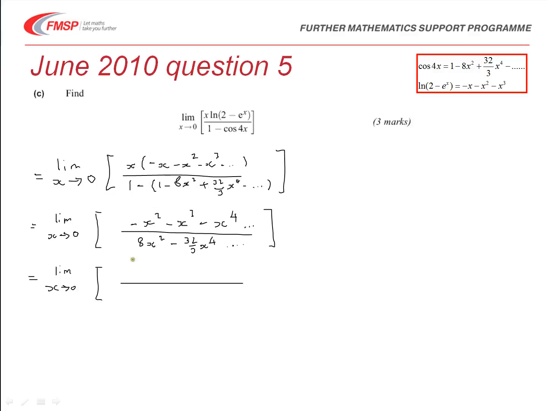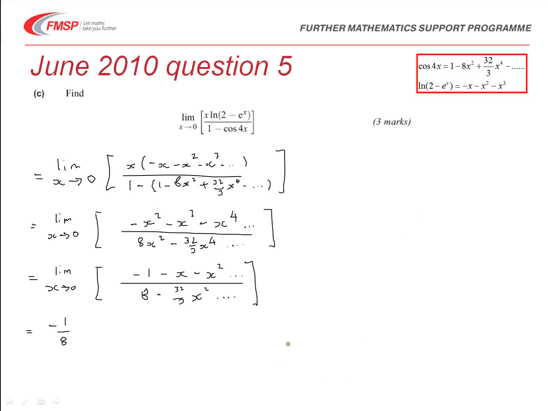And so the top will become minus 1 minus x squared over 8 minus 32 over 3 x squared, and so on. And so now we can state the limit, because as x tends to 0, everything on the top disappears apart from the negative 1, and everything on the bottom disappears apart from the 8. And so we're left with negative 1 over 8 as our limit.